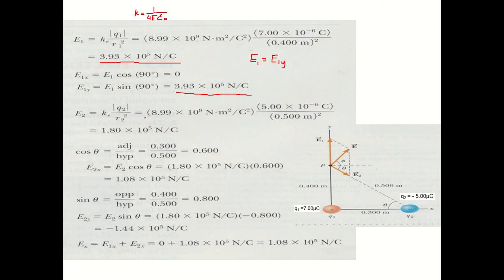Okay. So substituting, and the distance from this charge to P, that is this. That's why you have here the denominator 0.5, then you square it from the formula. So we got here 1.80 times 10 to the 5 Newton per coulomb.